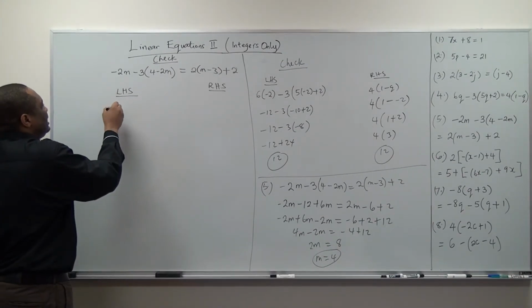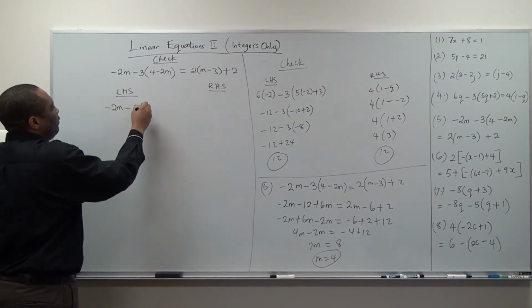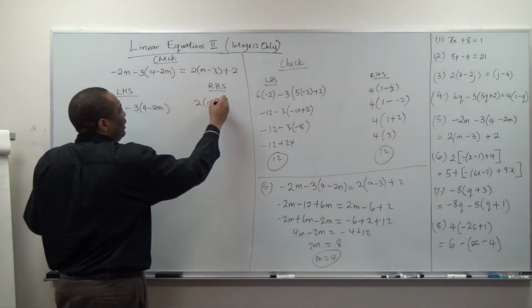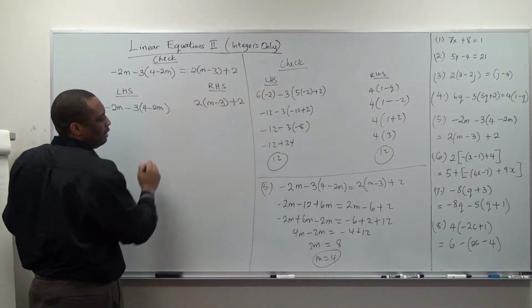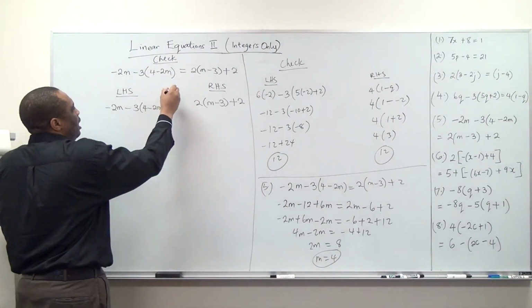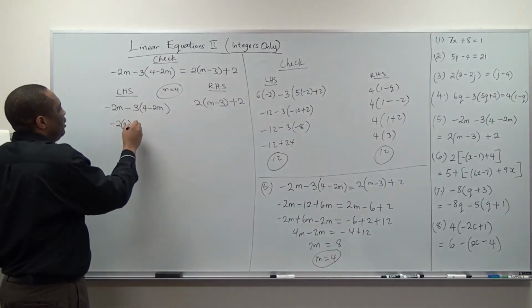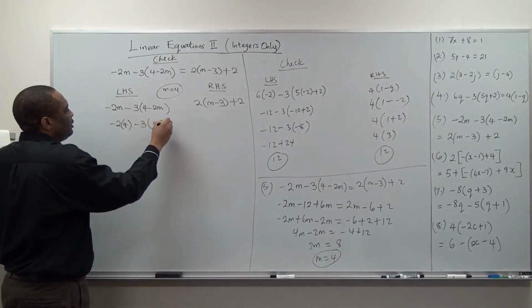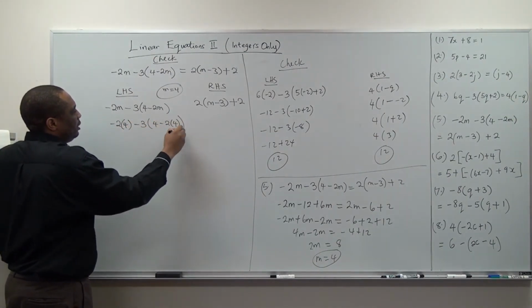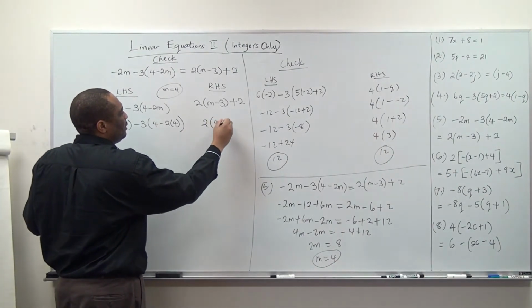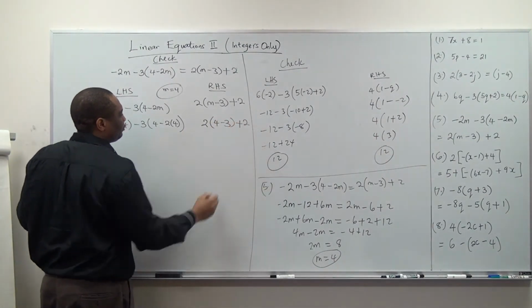Okay, so this is negative 2m minus 3 into 4 minus 2m, equal to 2 into m minus 3 plus 2. And our m is 4. So this is negative 2 times 4 minus 3 into 4 minus 2 times 4. Left hand. Right hand, 2 into 4 minus 3 plus 2.